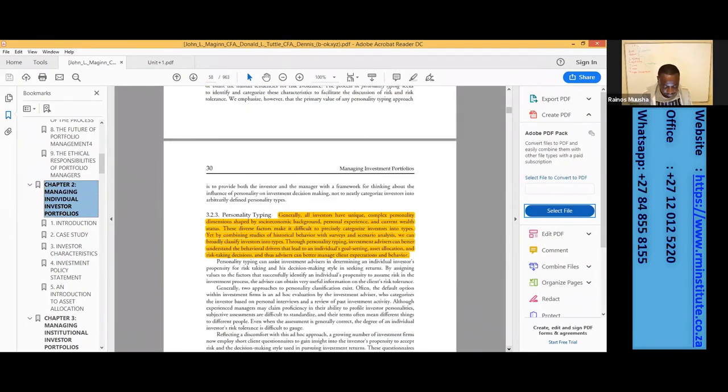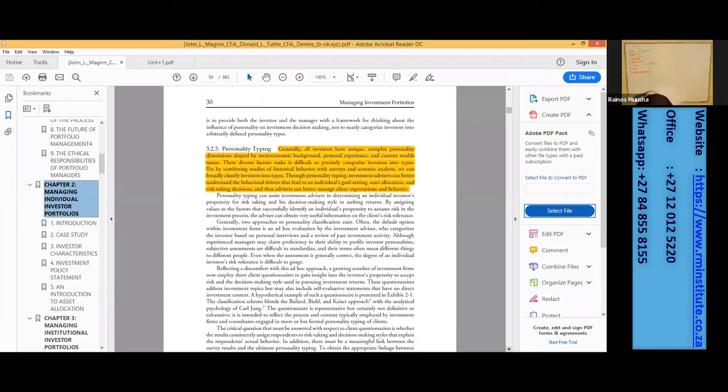The next type of assessment that you can also look at would be personality typing, where they say generally all investors have unique, complex personality dimensions shaped by socio-economic background, personal experience, and current wealth status. These diverse factors make it difficult to precisely categorize investors into types.